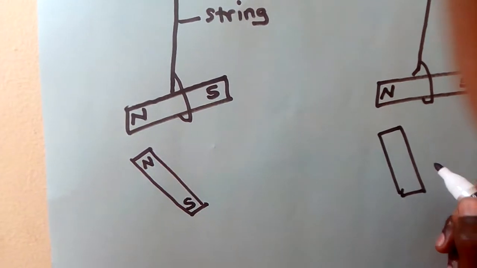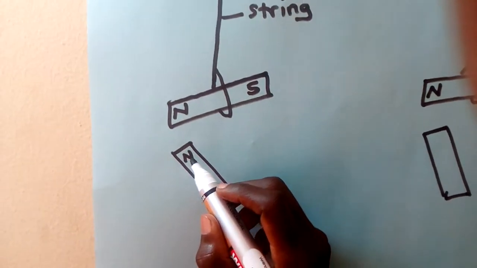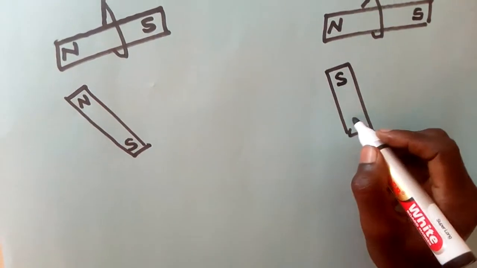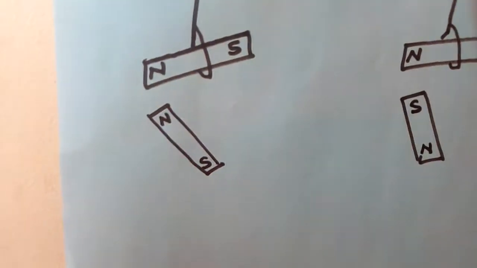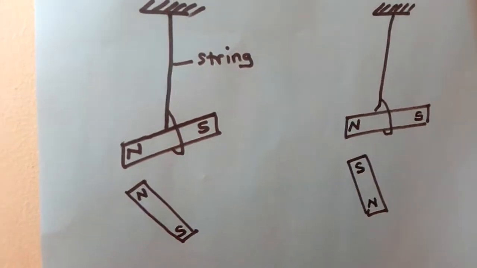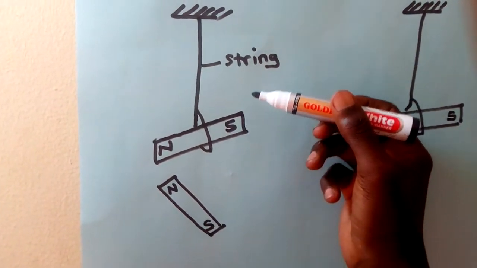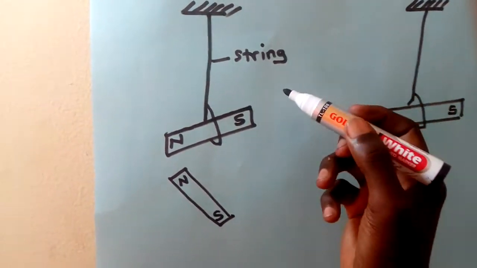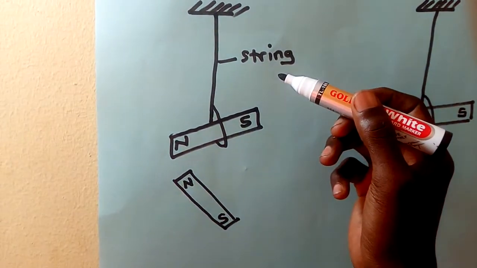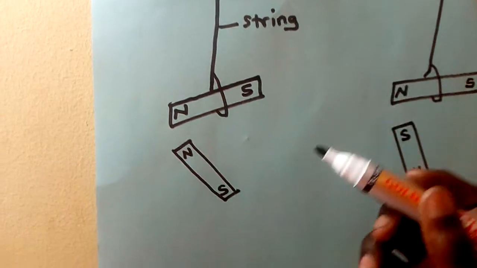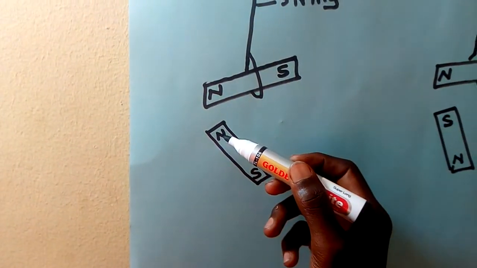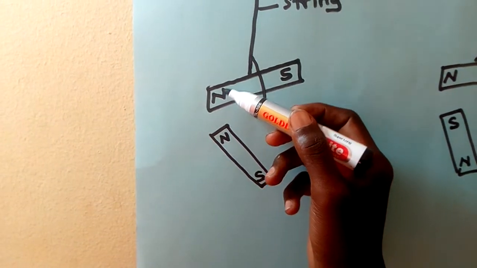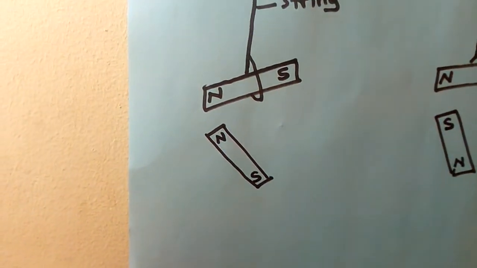Now we are going to change. Here it was north. Now here we are going to make it south, and then this will be north. So in brief, what are we going to do? You get a magnet and suspend it on a retort stand using a string. Then you bring the north pole of another magnet near the north pole of a suspended magnet.